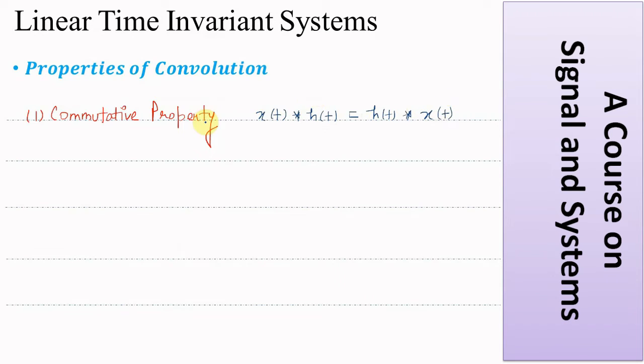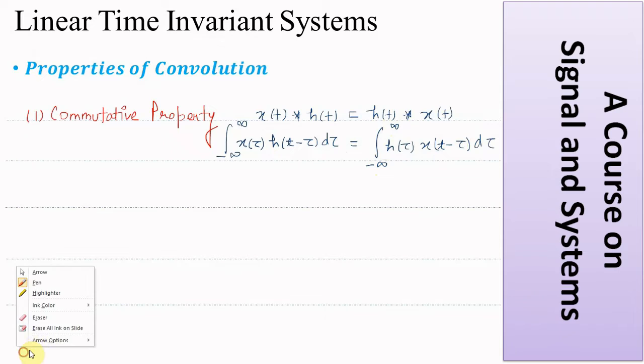So by this we mean to say I can evaluate integral minus infinity to plus infinity x of tau, h of t minus tau d tau, or I can evaluate the integral minus infinity to plus infinity h of tau and x of t minus tau d tau. By simple substitution of variable this can be proved, and which suggests that the signals that are being convolved are interchangeable. We can take any signal first.